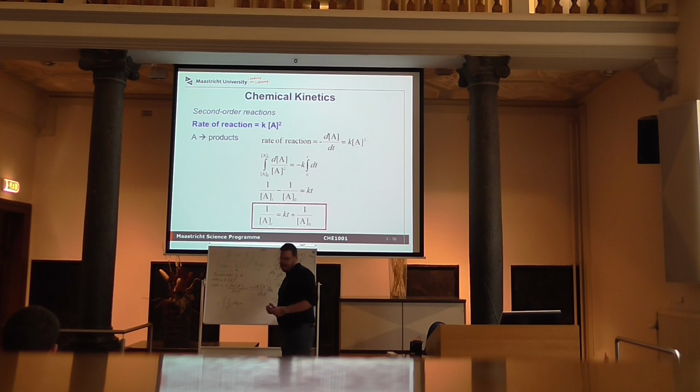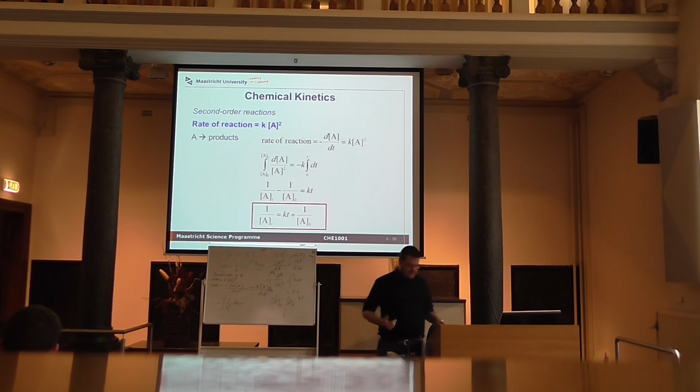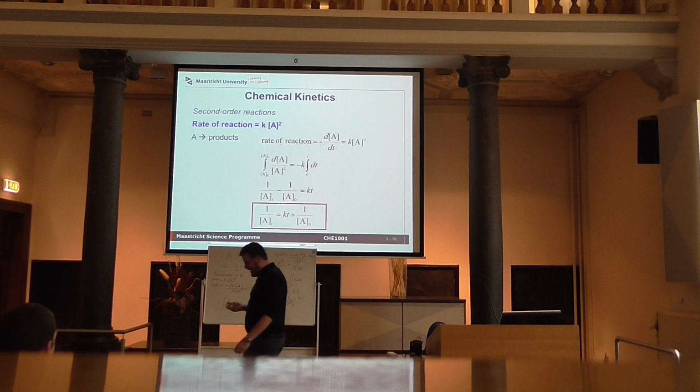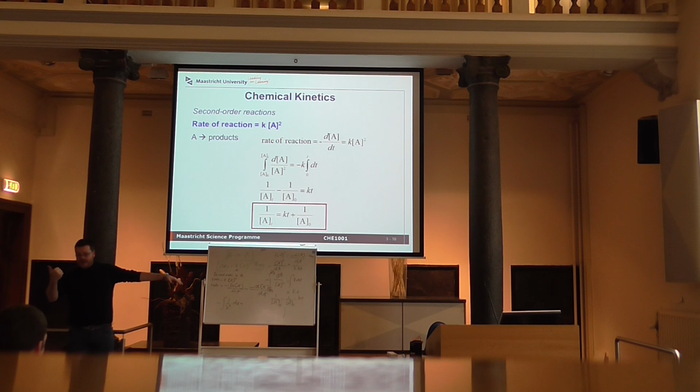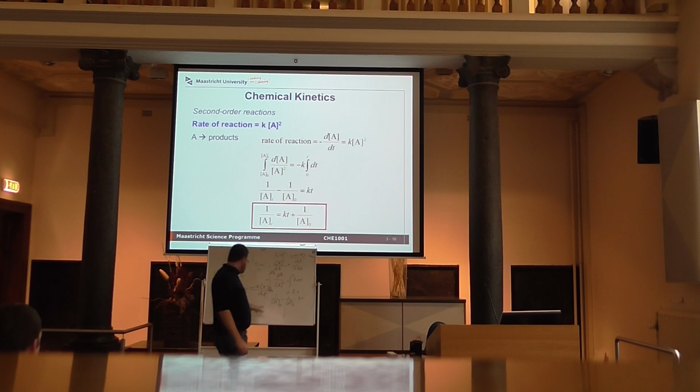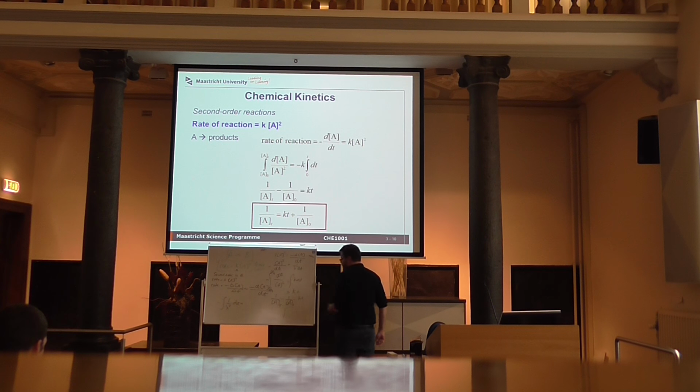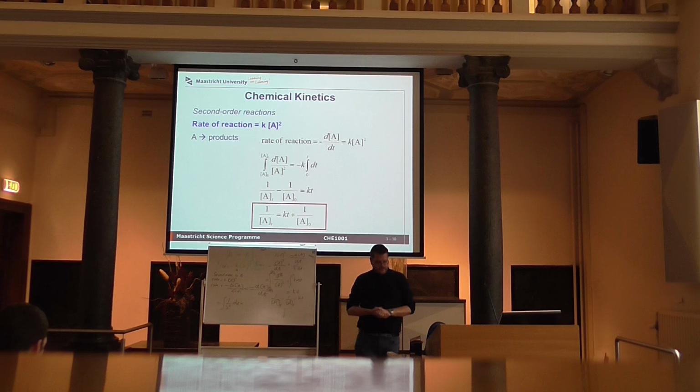And then you can basically play the same game. Now again, this is the integrated rate law of a second order reaction. So if I go into a laboratory and I know it's a second order reaction, I can use this integrated rate law to determine k for that reaction, the rate constant. If I know the rate constant, I can determine the concentration of A at some point in time t using the integrated rate law.